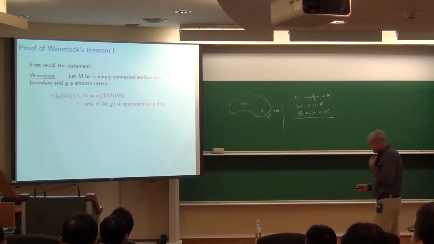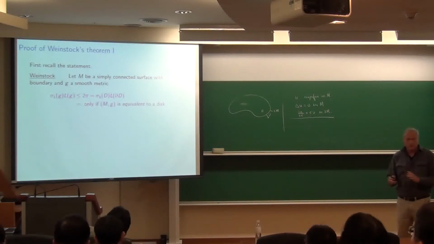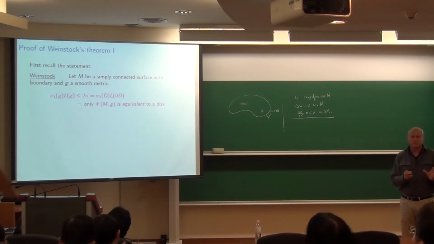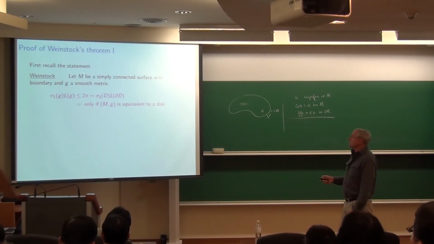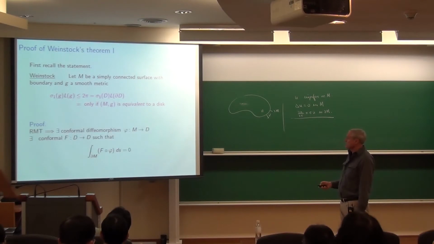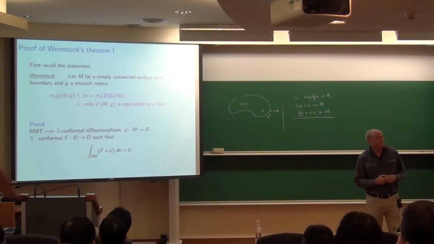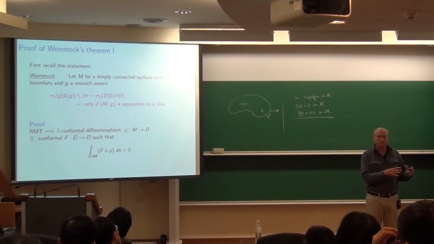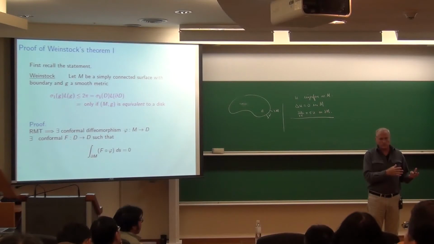Okay, let me quickly give the proof of Weinstock's theorem, which is very beautiful. If you know Hersch's theorem, you'll see that the proof is almost the same. Remember the statement here. The proof uses the Riemann mapping theorem: any simply connected Riemann surface is conformally diffeomorphic either to the disk or the plane.